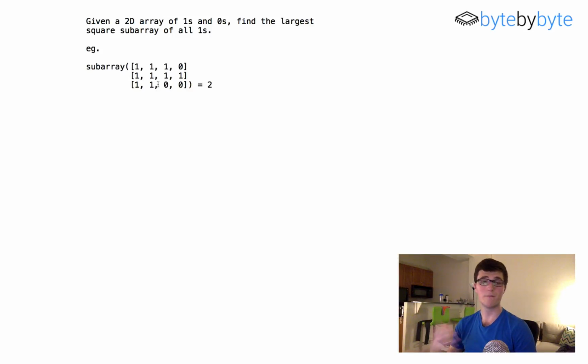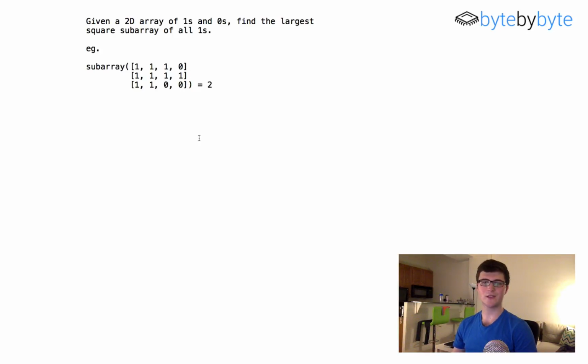Or you could use bytes, or shorts, or any sort of value that you want, but in this case I'm going to use integer values, and I would want to make sure that I am either checking my input or I know that I'm going to get valid input in, because I could potentially have values other than 1 or 0 in my array. So in this case I'm going to assume that I have a valid input array, and I'm not going to worry about checking whether all of the values are zeros or ones.